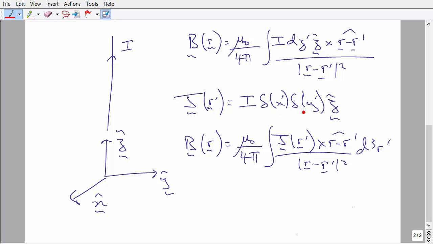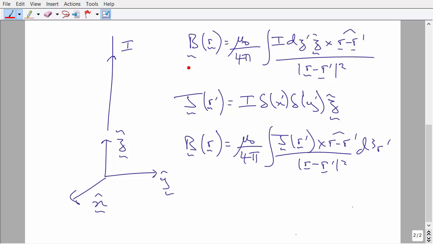You'll notice that we'll be left with an integral over dz prime only. There it is. Furthermore, it will be proportional to the term I z hat. So using this form for the current density in our three-dimensional equation is going to reproduce our one-dimensional form for the equation.